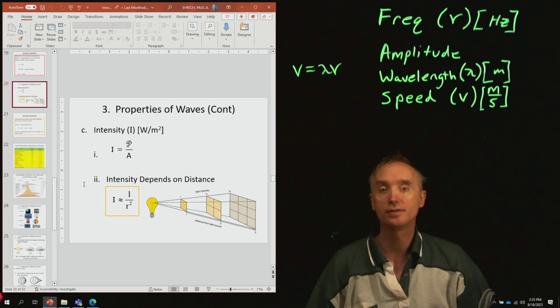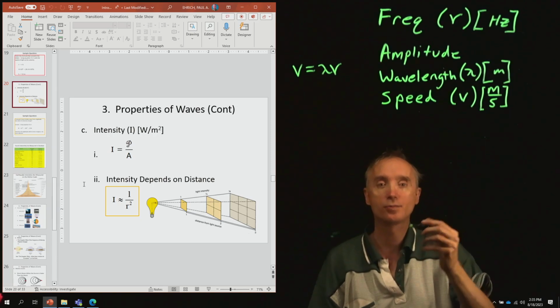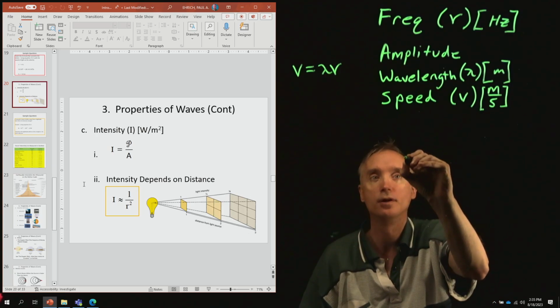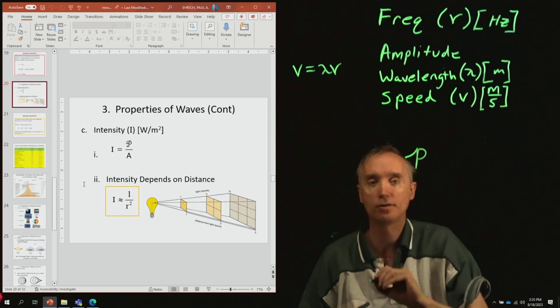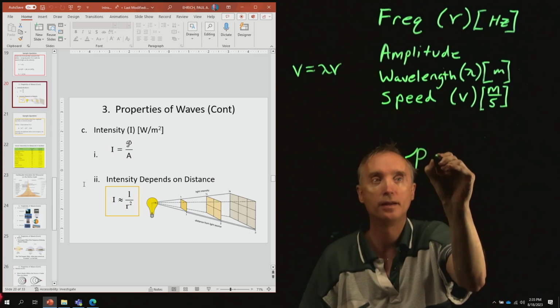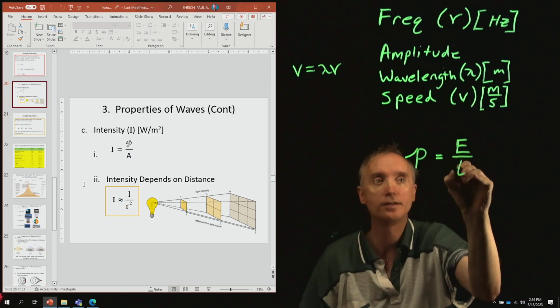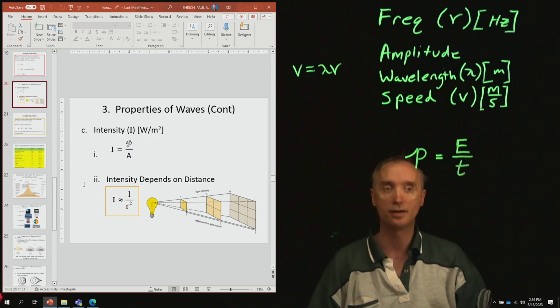And notice that intensity is related to the amount of power produced by an object. So I guess we need to first redefine what we mean by power. Power is given by a cursive letter P, and it is the amount of energy given off by something per unit time.